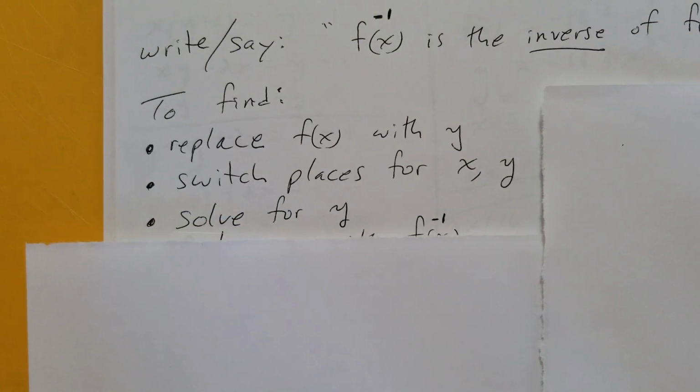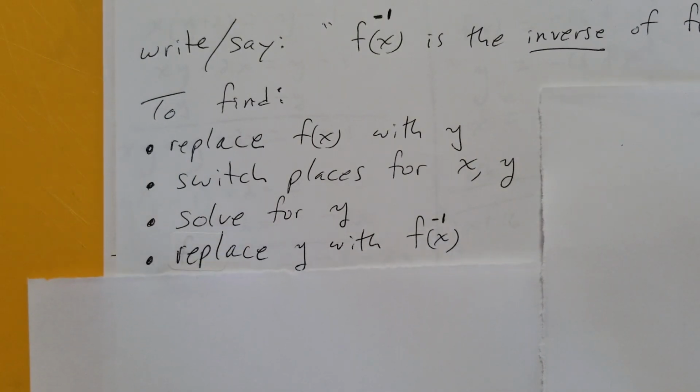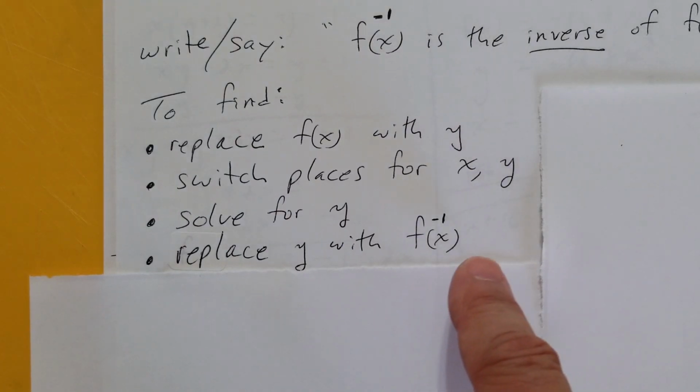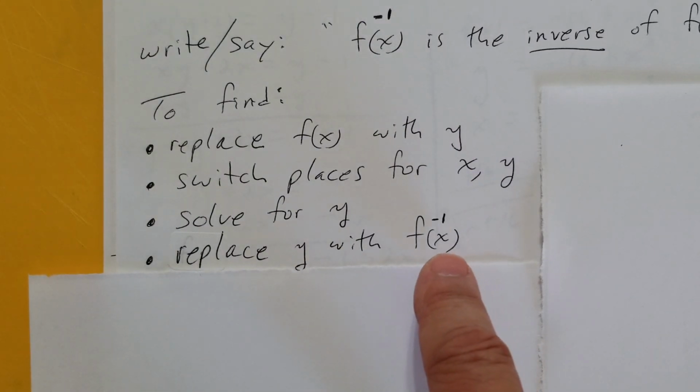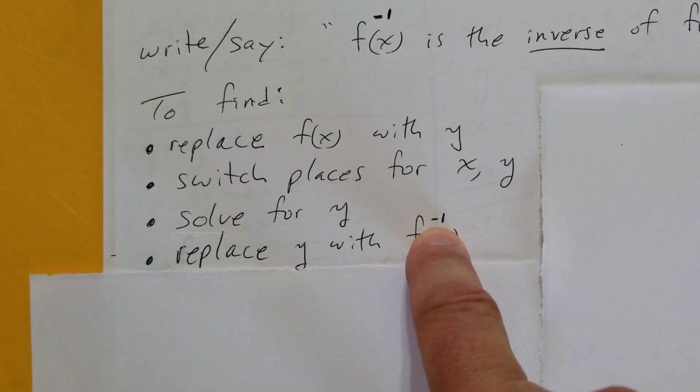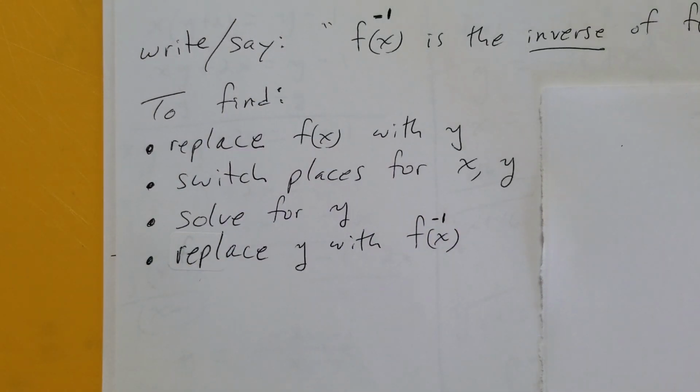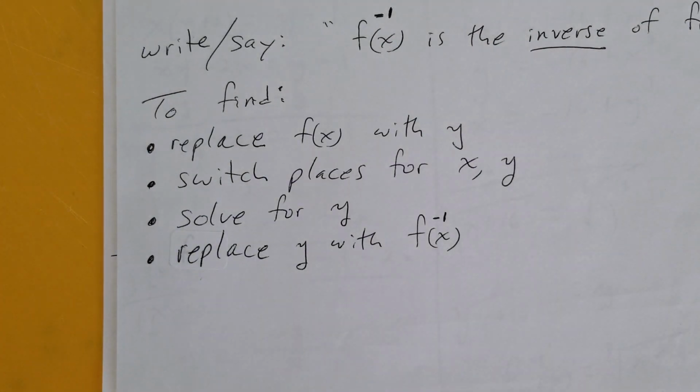You solve for y, and then put back the f of x for y, but now, because it's the inverse, we put that little minus 1 there. Okay? So I have two examples, and you'll see how easy it is. If you're good at algebra, it'll be extremely easy.